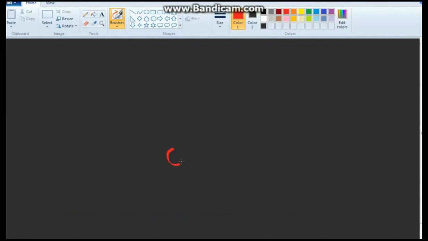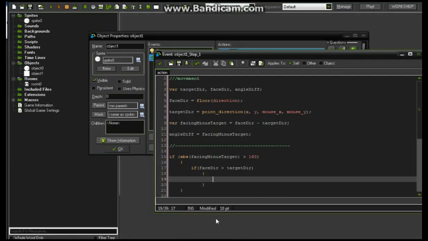If we were facing this way, and this is at a visible threshold, and our target goes like this and crosses that line, if our facing direction is greater, which it is now, than our target, do this.